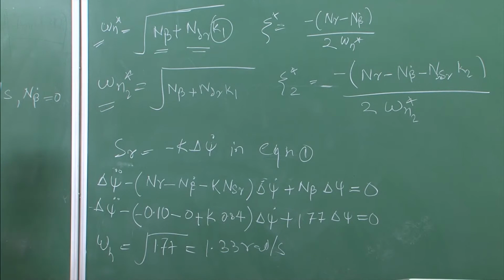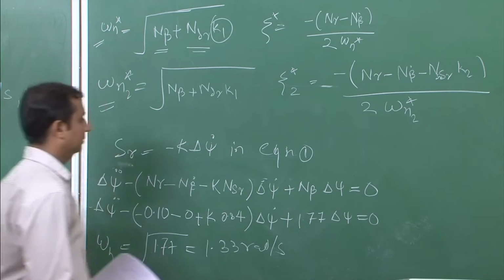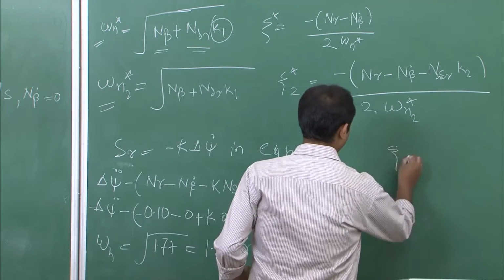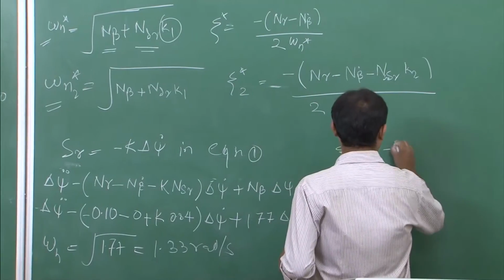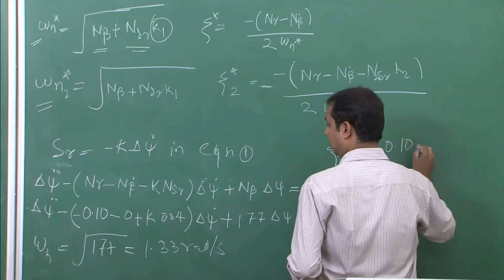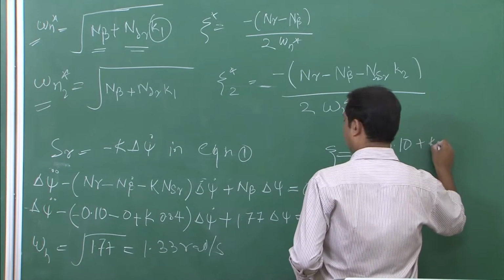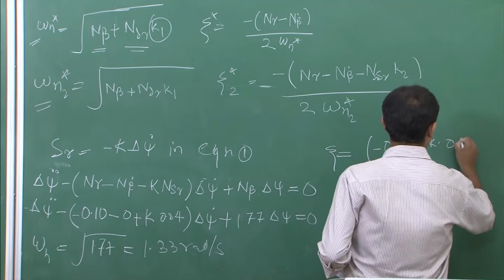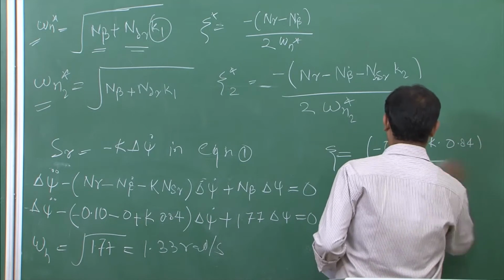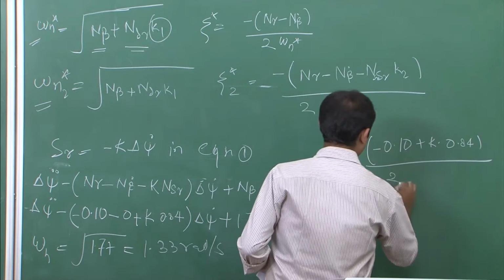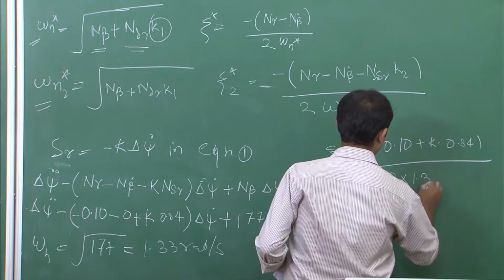Now the value of zeta will be (minus 0.10 plus k into 0.84) divided by 2 into 1.33.